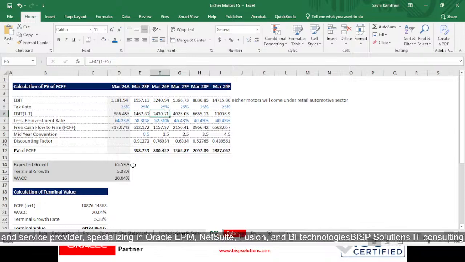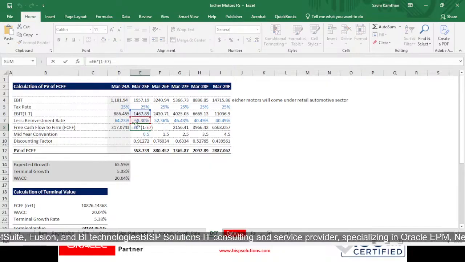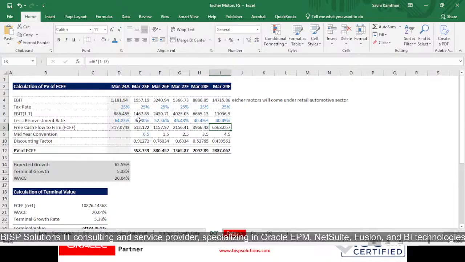After that, EBIT will be the same as we have done for one, like that only. This is also same, and free cash flows to firm, so I have taken it from my EBIT into 1 minus my reinvestment rate, and I have copied it till the March 29, right?